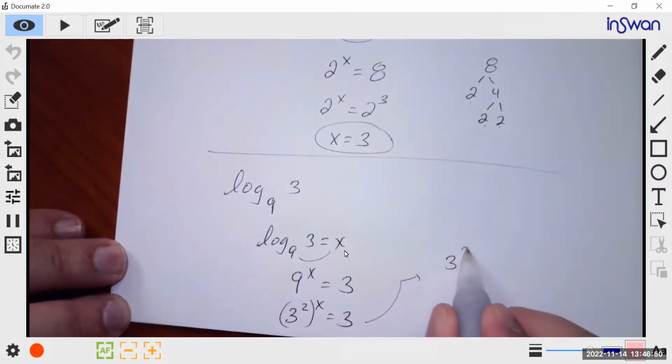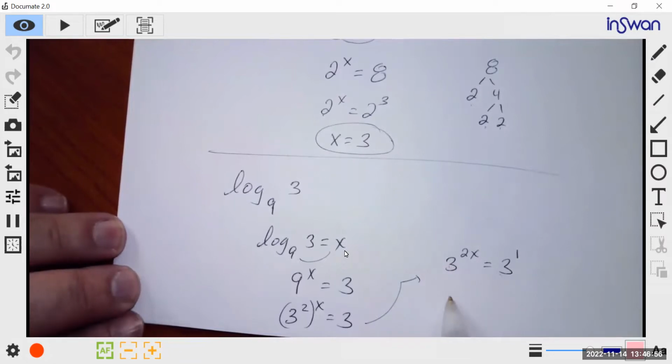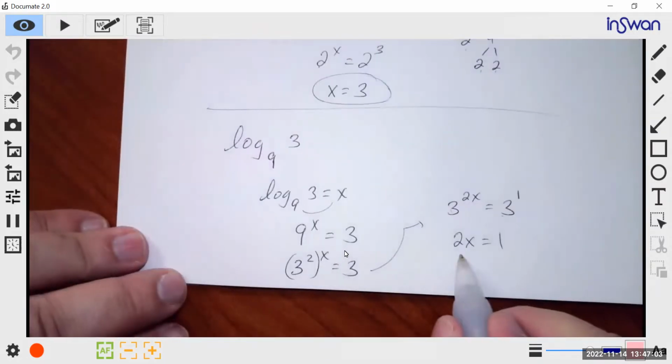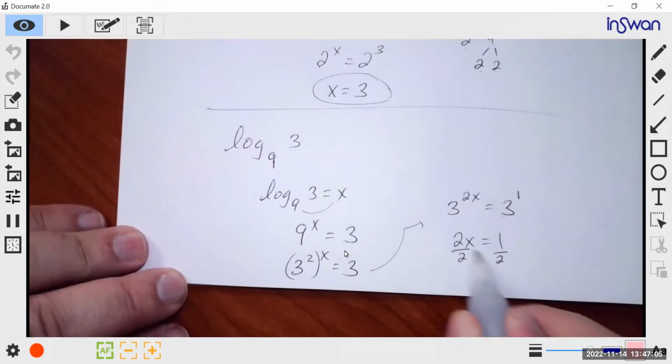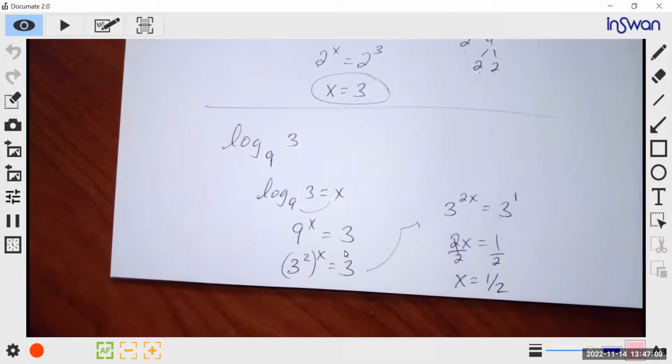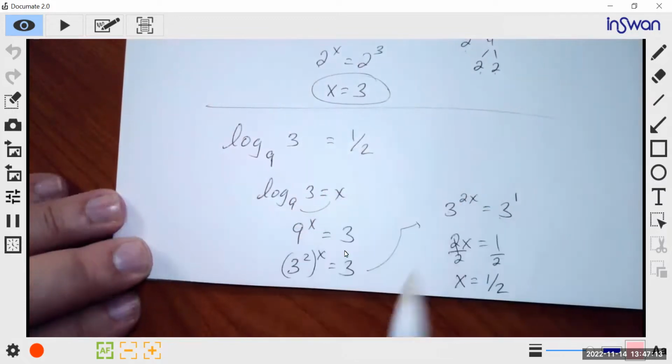So we have 3 to the power 2x equals 3 to the first. The bases are the same. So what's x going to equal? So x is equal to 1/2. So the answer is 1/2.